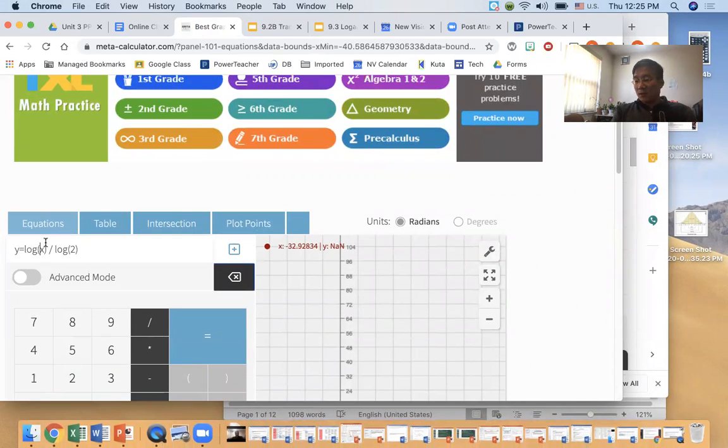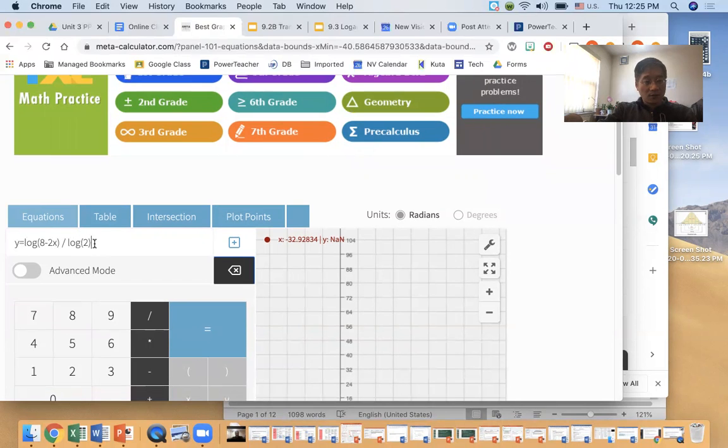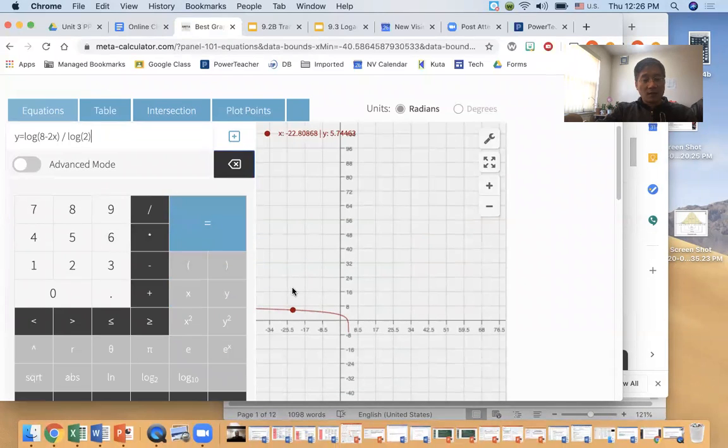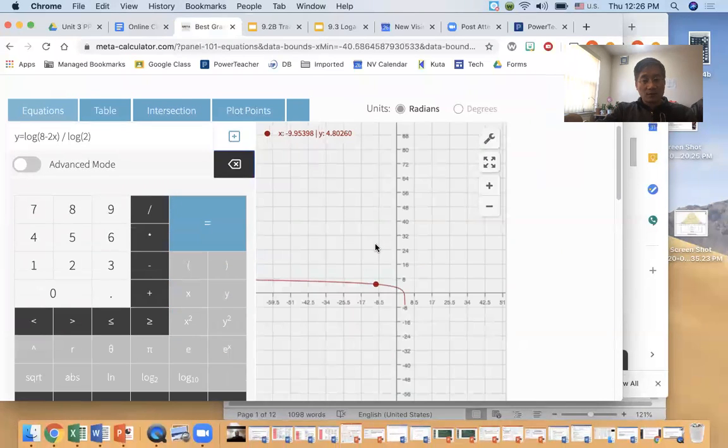The equation was 8 minus 2x, which goes to the numerator, right? And then the base is 2, so the denominator is log 2. Go down to here. You enter it. Now your graph looks like this.